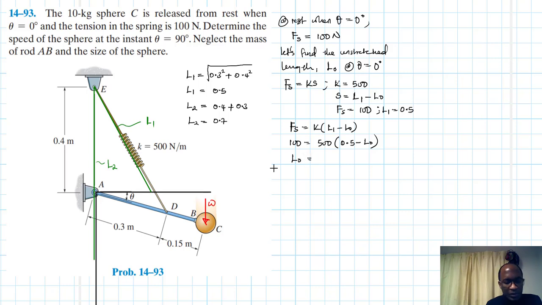Therefore, L0 will be equal to 0.5 minus 100 divided by 500.